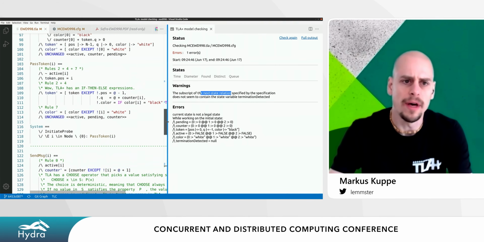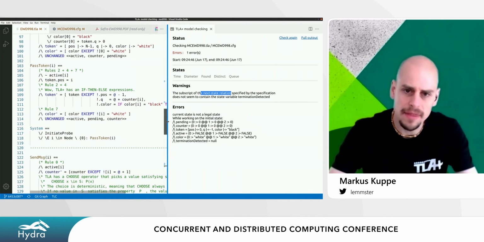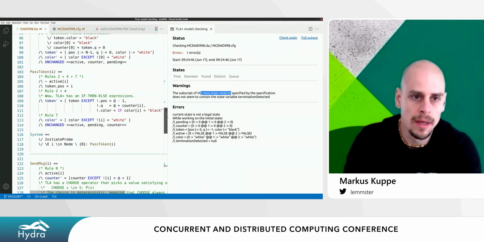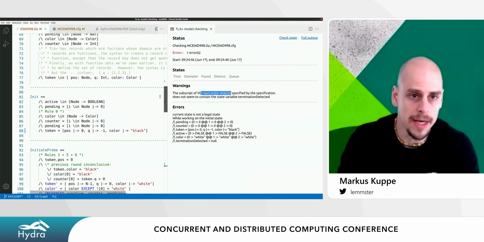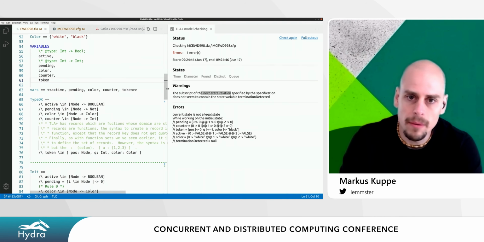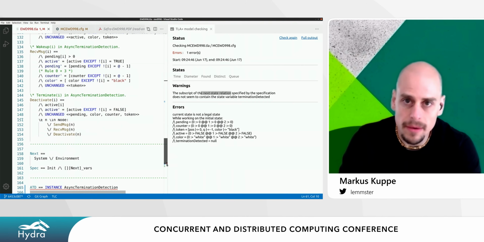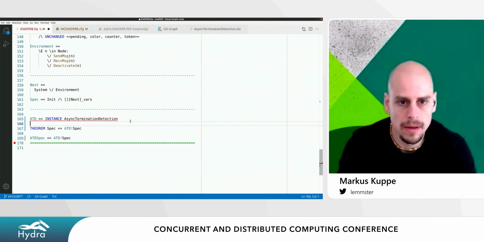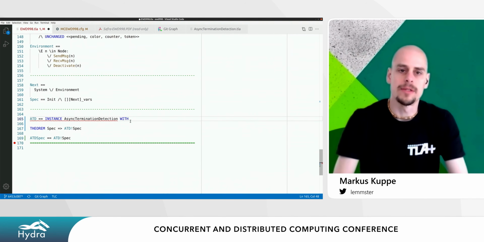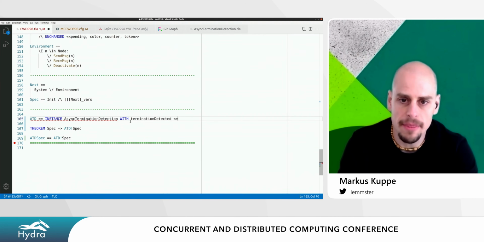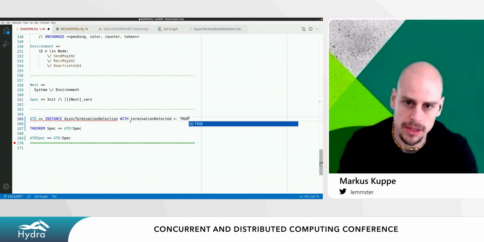But I don't really want to do that because termination detected is not a variable of the spec, that has no meaning, and it doesn't appear in Dijkstra's writing as a variable. So it's really wrong. Instead, what we want to do is substitute, and there's this with keyword, we want to substitute termination detected with something else in the high-level specification.